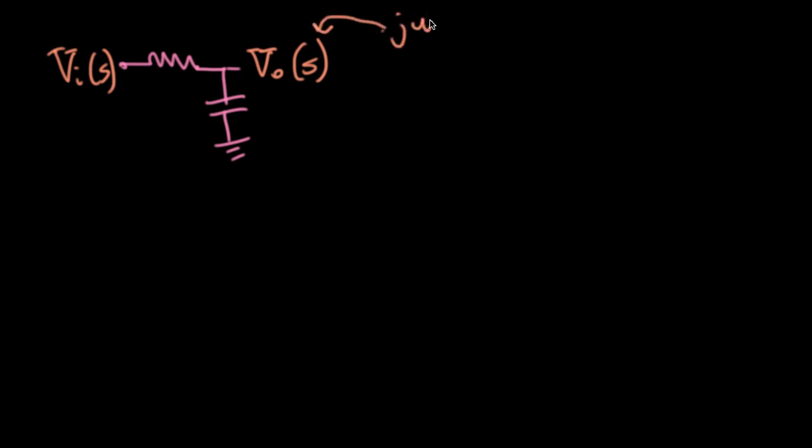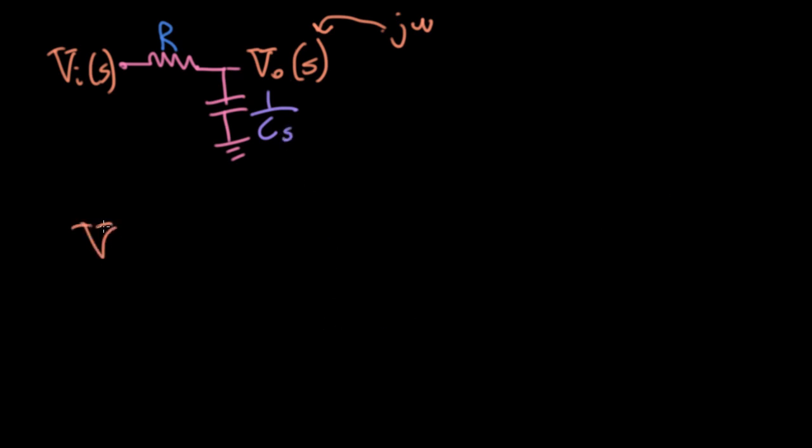We'll eventually come along and plug in j omega for S to figure out what the frequency response is. So instead of resistances, we'll be using impedances, which are an extension of the idea of resistances. The impedance of a resistor is not terribly interesting, it's just R, and the impedance of a capacitor is 1 over C, the capacitance of the capacitor, times S.